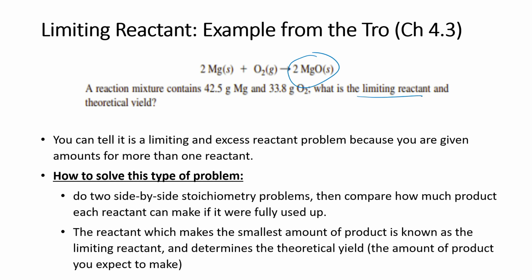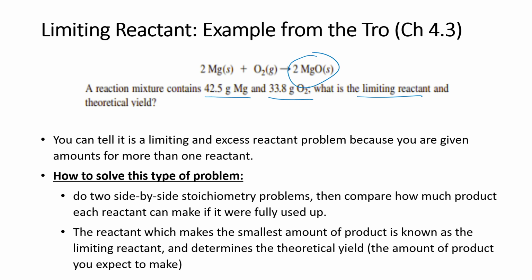So one thing you will notice, you can tell that something's a limiting and excess reactant problem when you're given amounts for more than one reactant. So notice how I'm given amounts for both magnesium and oxygen. So that's a clue that I'm going to need to apply my limiting reactant problem solving process here.